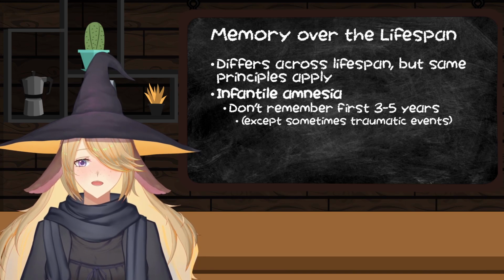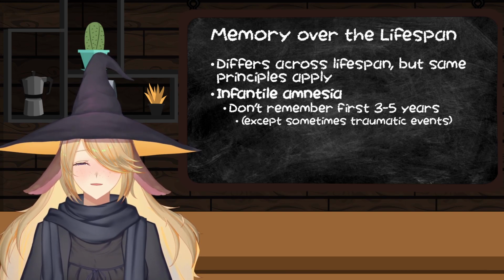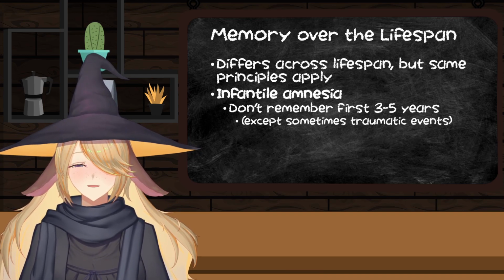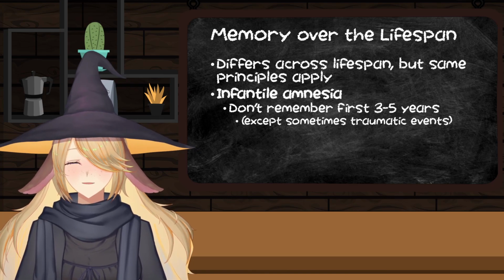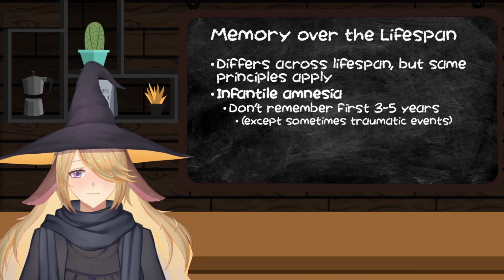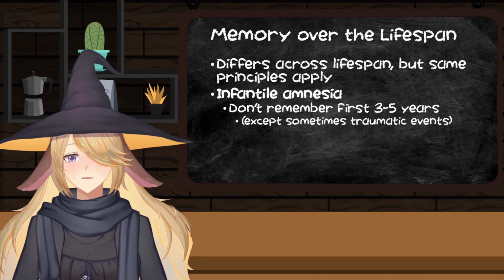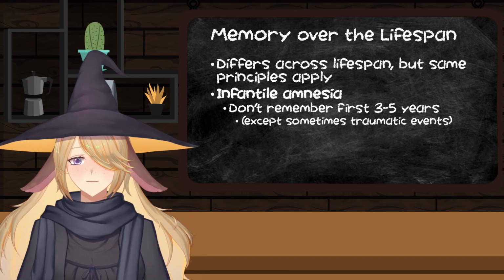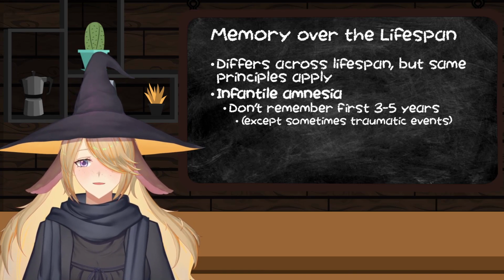Memory over lifetime. So it turns out that most people do not remember the first 3 to 5 years of their lives. Now, in some cases, people that have very traumatic events, highly emotionally charged memories, will be able to recall early childhood memories, but by and large, most people do not remember the first 3 to 5 years of their lives.